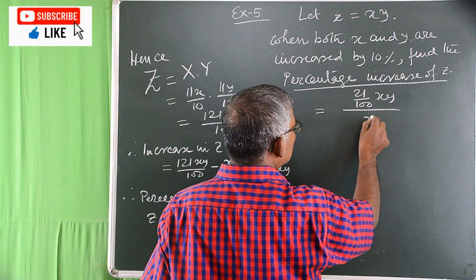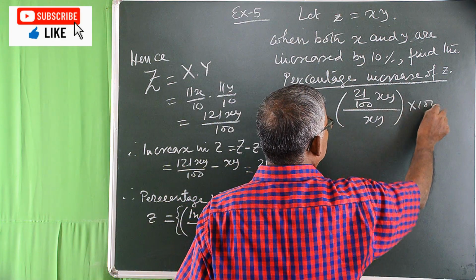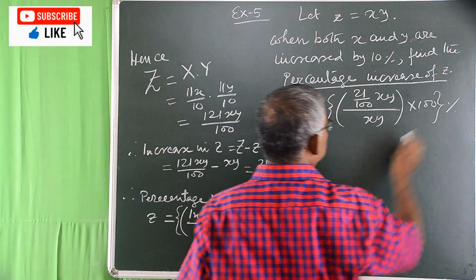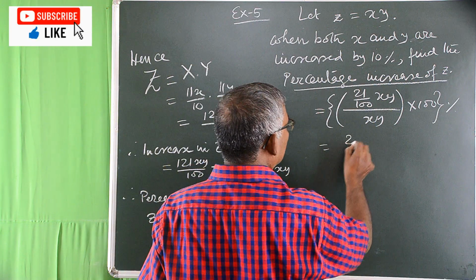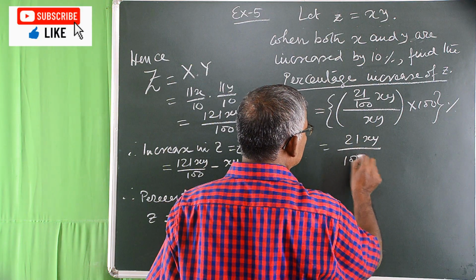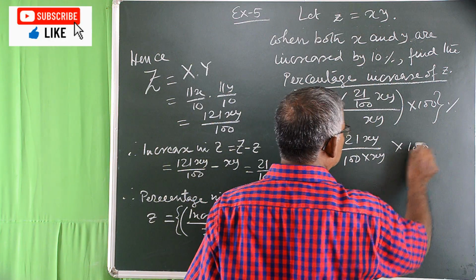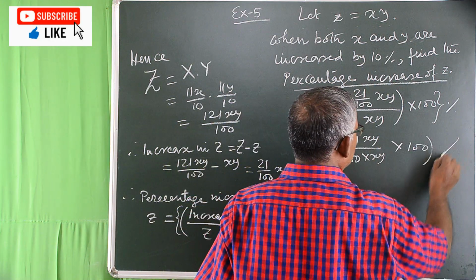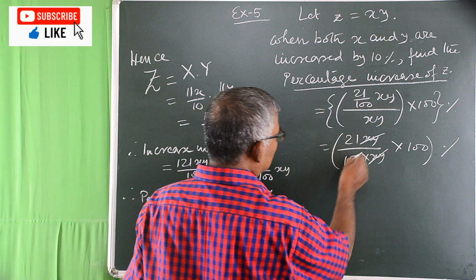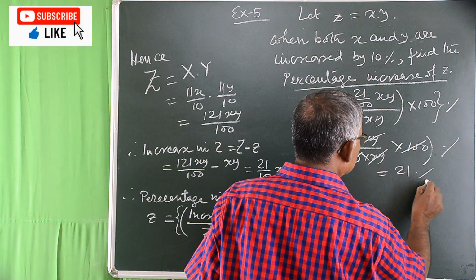Z means xy. So equal to 21 xy by 100 into xy into 100%. So xy cancelled. Here 100 cancelled equal to 21%.